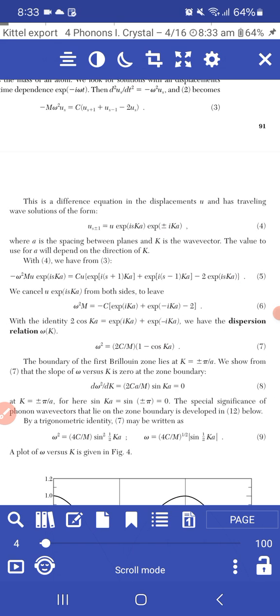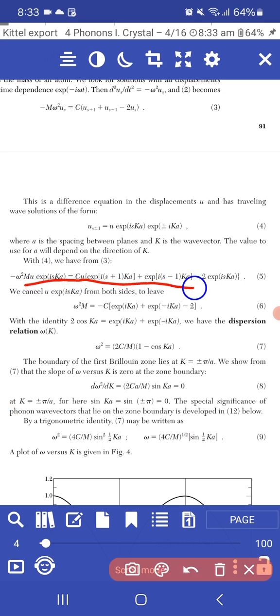The value to use for a will depend on the direction of k with equations 4 and 3. ठीक है, द सोल्यूशन, और ये तुम्हारा क्या बोलते हैं, डिफरेंस इक्वेशन से क्या आ रहा है, ये सॉल्व करके लाया. ठीक है, रीफीड इन किया उसमें, तो ये आएगा इतना लंबा सा, क्योंकि ये लेना था, सिंपल था.